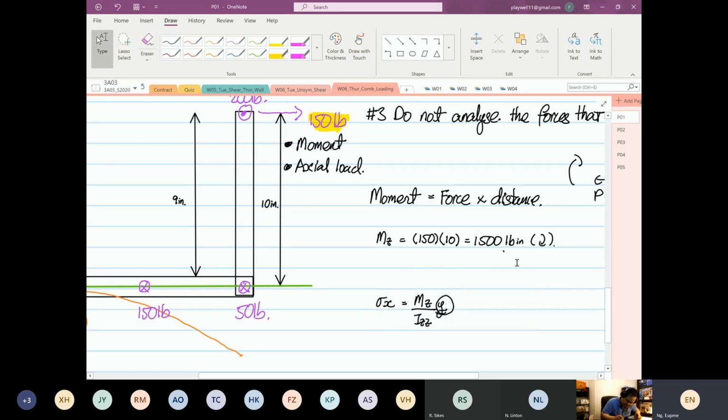So y is to compensate for the position. Okay.